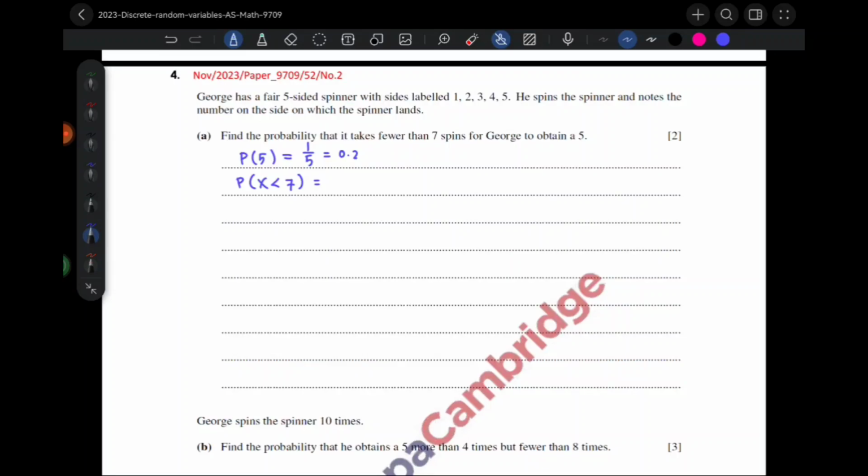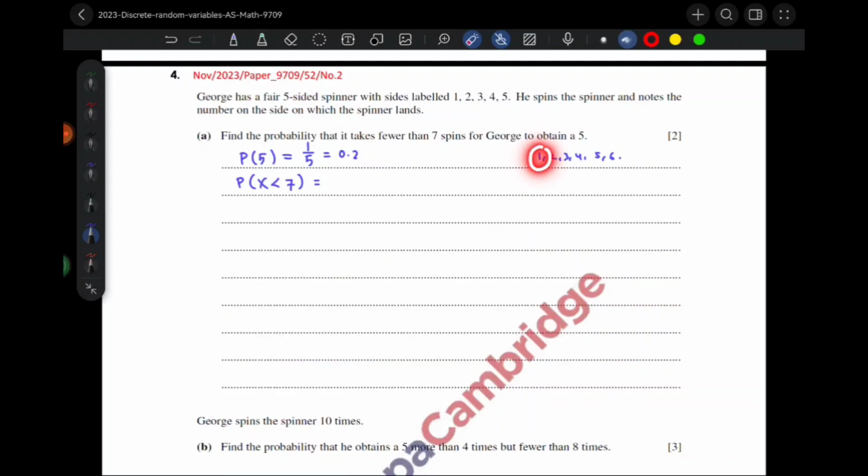X starts with 1, so X can be 1, 2, 3, 4, 5 or 6.